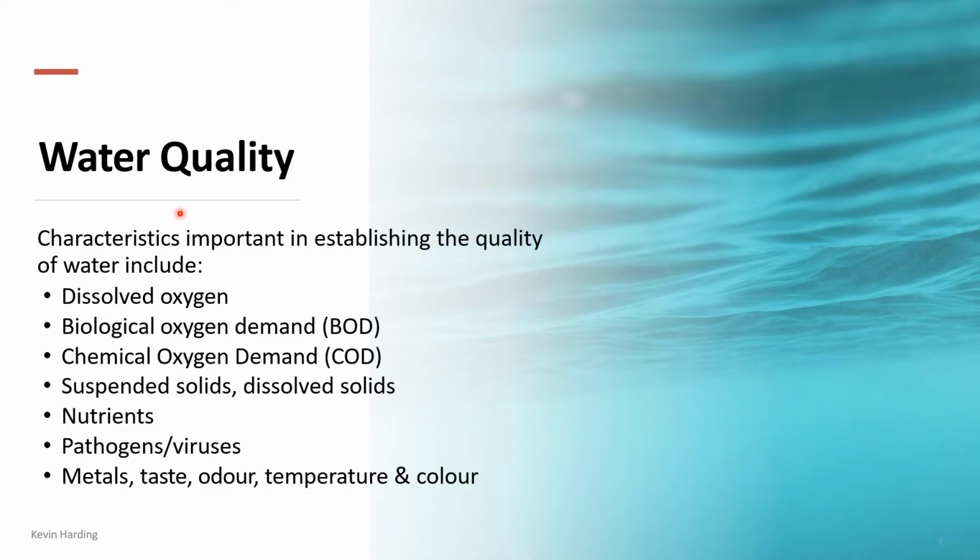When we look at the water quality, there are a couple of characteristics that are going to be important that we want to investigate. The first one is dissolved oxygen. The next 2 are the oxygen demand, either biological or chemical, and it's often referred to as BOD and COD. Suspended solids or dissolved solids are going to be important, as well as the nutrients, pathogens or viruses, as well as any metals, and we've already said taste, odor, temperature, and color in terms of water quality.